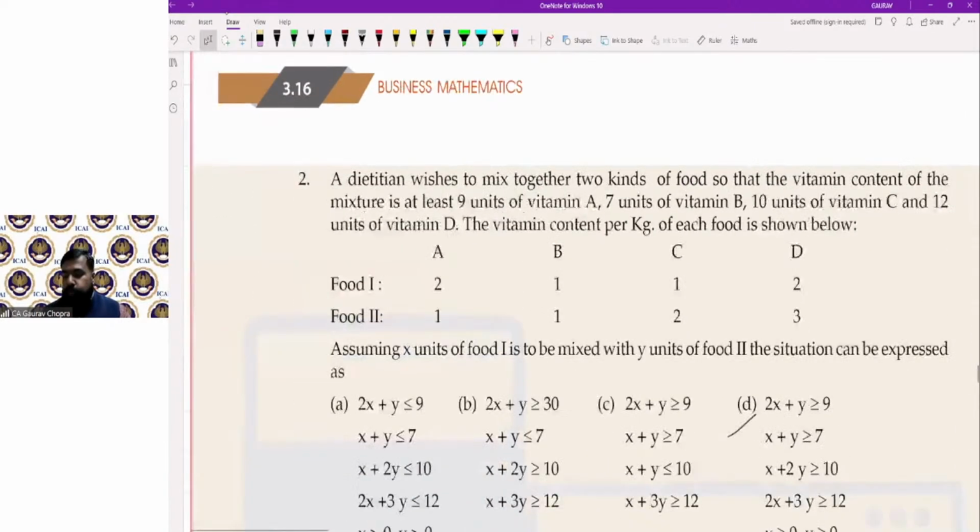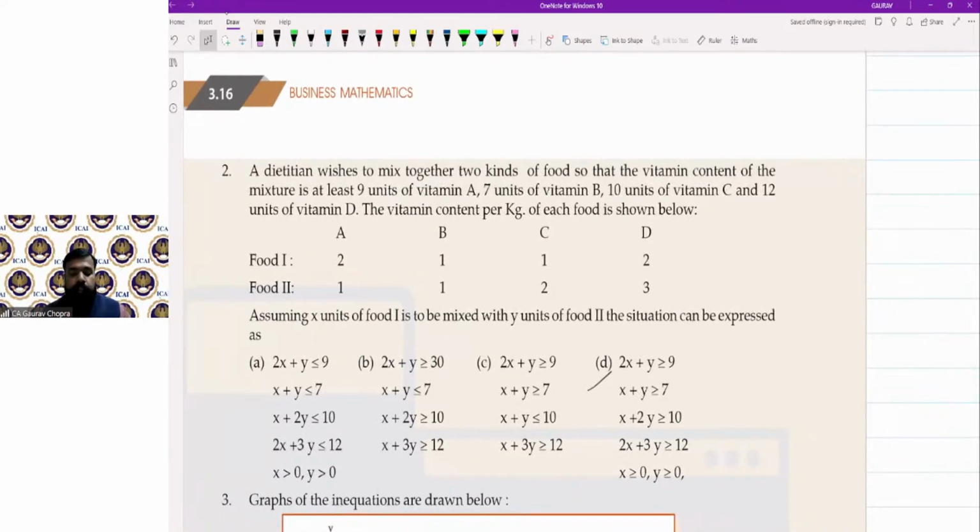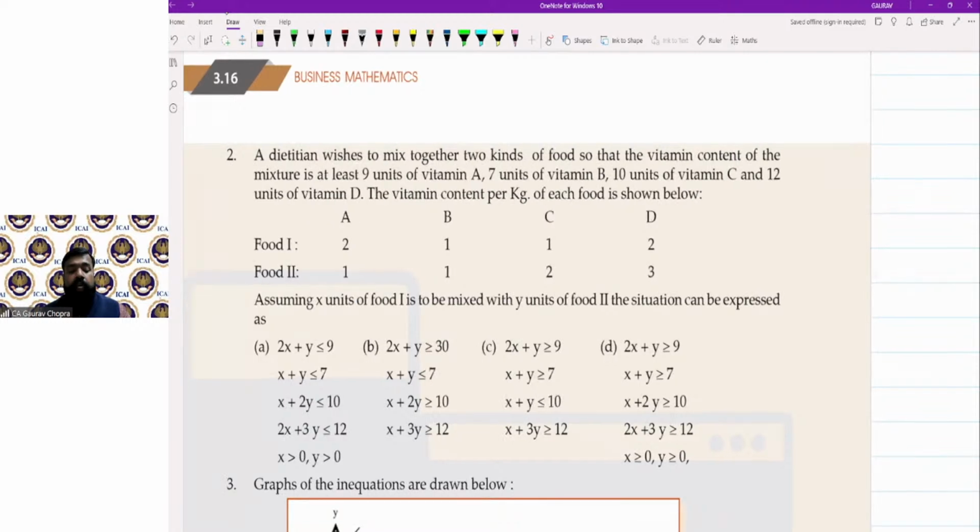Now comes the second one. A dietitian wishes to mix together two kinds of food.